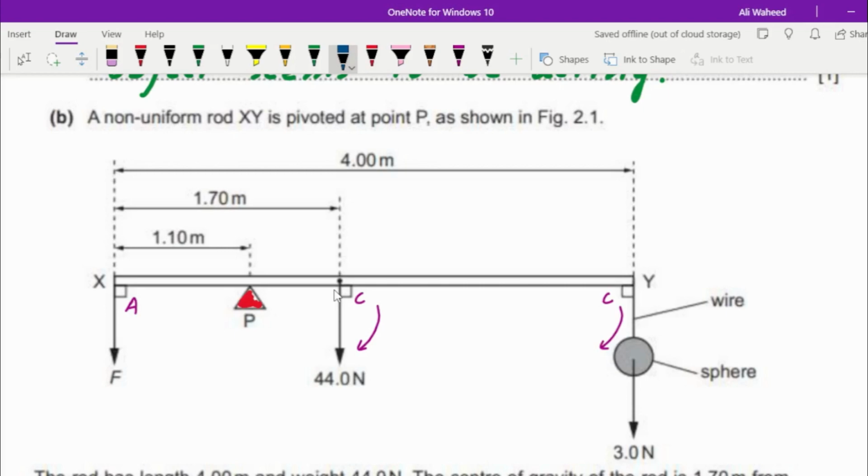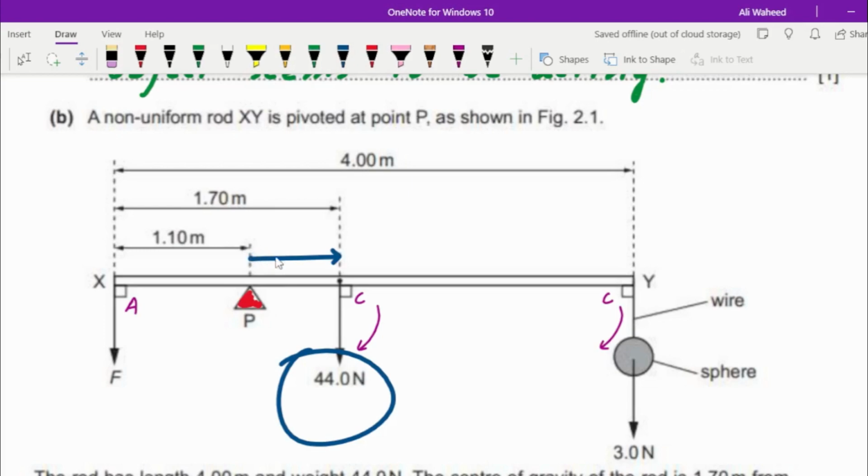Now let us add the moments clockwise. So here we have the first one, 44 Newton, and what is the perpendicular distance of that force from the pivot? It is this distance. And how much is that? It is 1.70 minus 1.10.